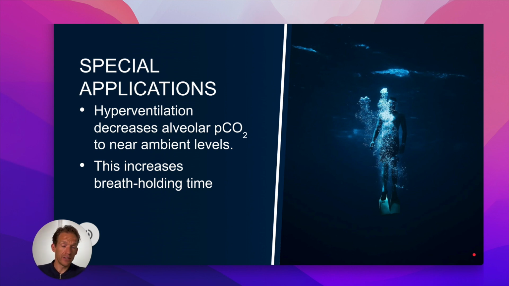This urge is generated by CO2 and not so much by O2. So if CO2 values rise above a certain level, your body will automatically trigger you to start breathing again. It's not so much a reduction in O2 that triggers your breathing again.